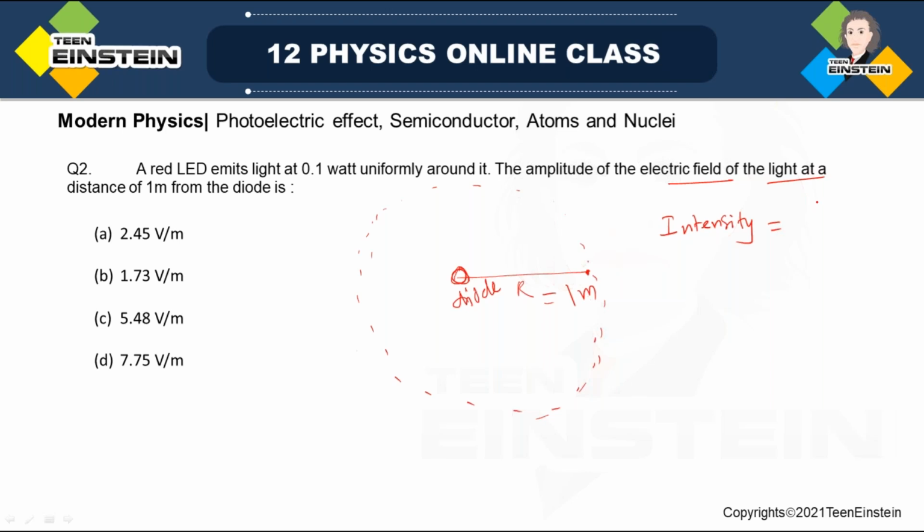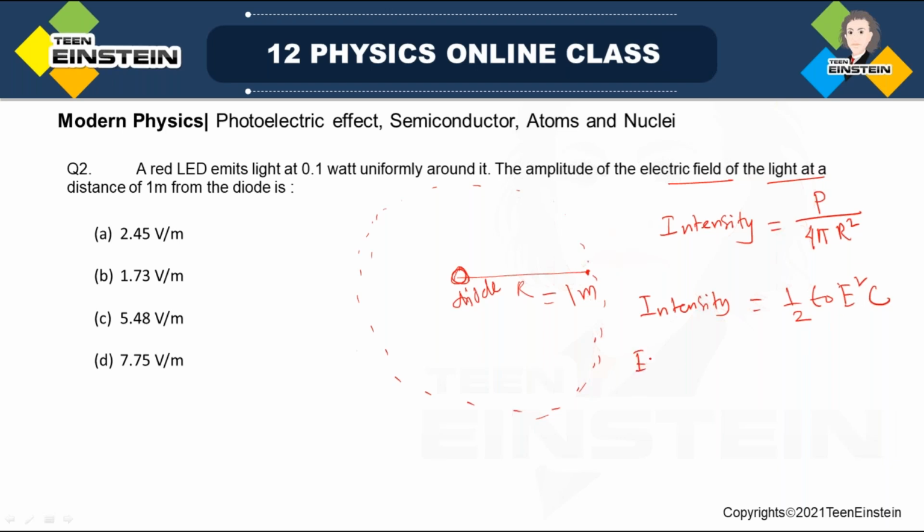Intensity is equal to the power divided by the surface area of the sphere, 4 pi R square. And intensity is related to the electric field as half epsilon 0 E square c.